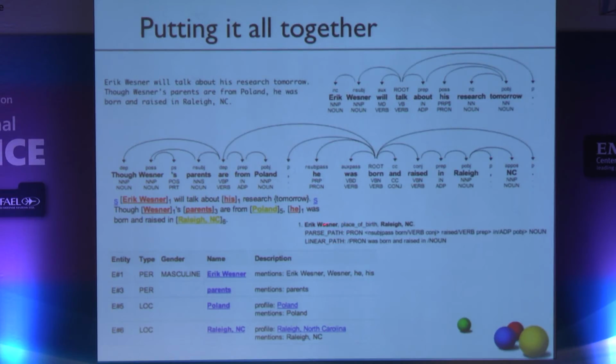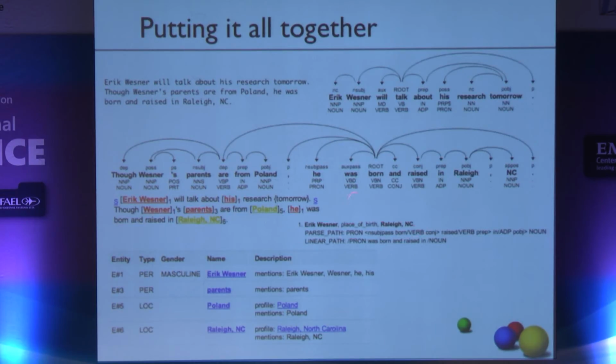They say things like: if I'm looking for this person's place of birth, I might look, for instance, at whether he is the subject of a passive construction of the form "born and raised somewhere." So if X is born and raised in a place, then that place is X's place of birth.